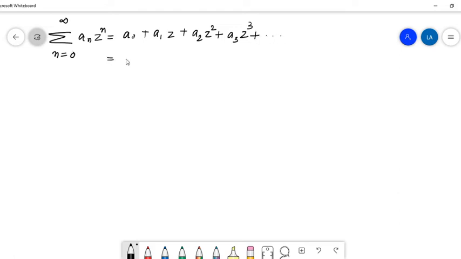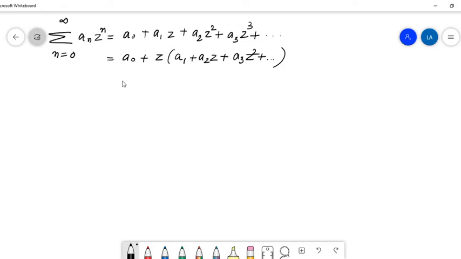That is equal to a naught plus z into (a_1 plus a_2 z plus a_3 z square). Like that we can take the z out.